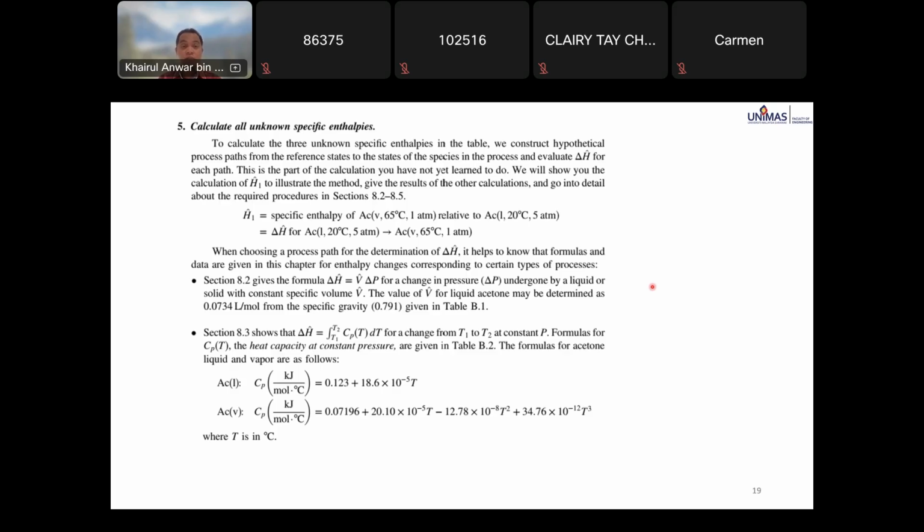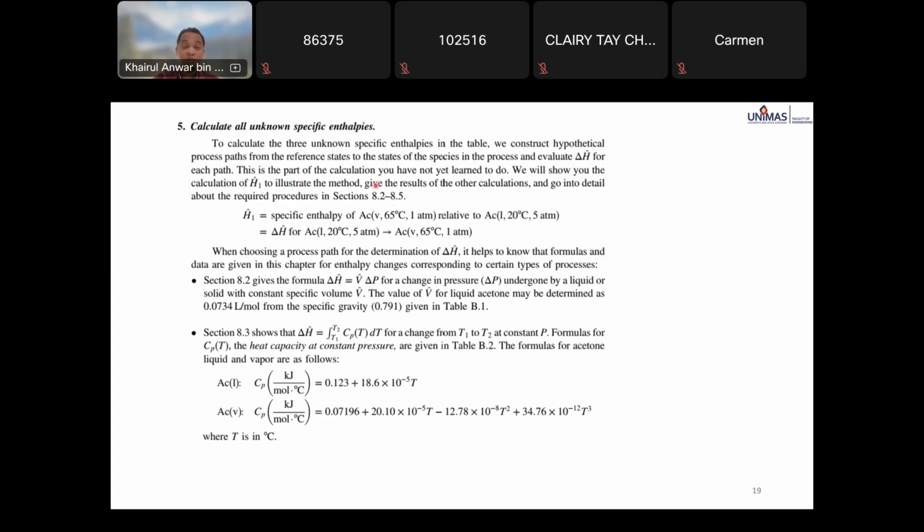To calculate the three unknown specific enthalpies in the table, we construct a hypothetical process path from the reference state to the state of the species in the process and evaluate delta H for each path. This is the part of the question you have not yet learned to do.